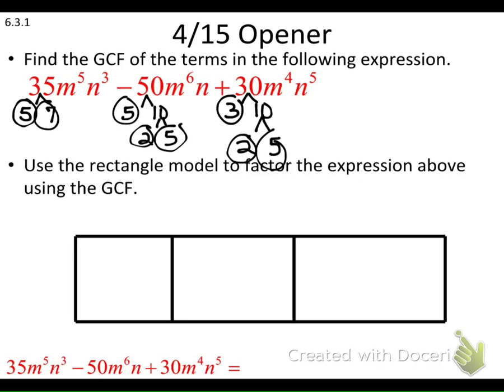Okay, so then I'm going to come over to the right, and I'm going to put these factors in order from least to greatest. So I'm going to take my term 35, 5 times 7, and then 50, and then 30.